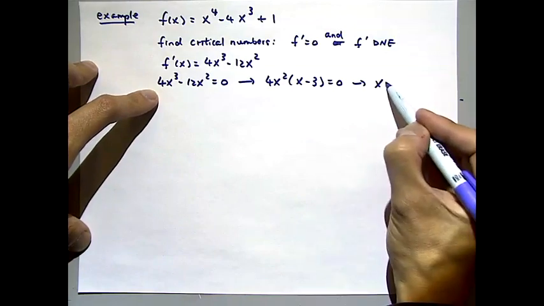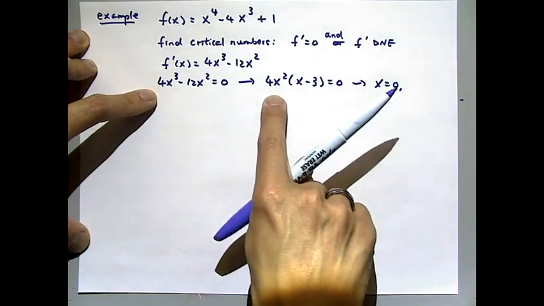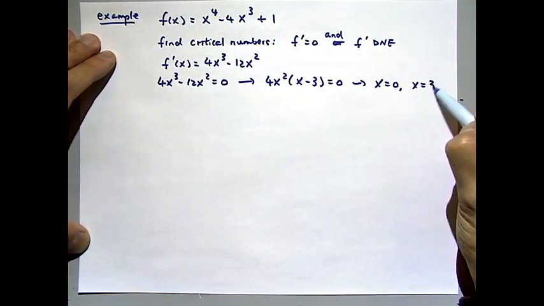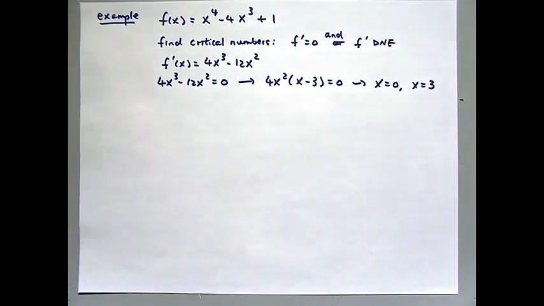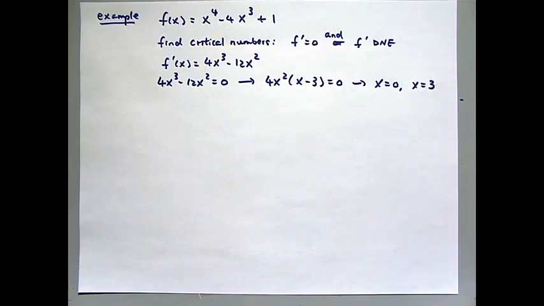And this tells us that we will have f prime equal to 0 at x is equal to 0 and x is equal to 3. And each of these could potentially be a local maximum or local minimum. They don't have to be either. It could be a point that's just a brief pause without becoming a local max or min. We'll find out once we use the test.